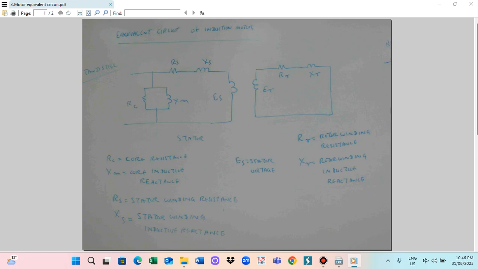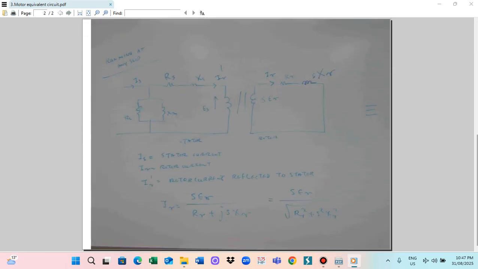So that we can also calculate for the current. So current flow in the motor, IR formula can calculate SER divided by RR plus jSXR. The resistance is the real term and inductive reactance is the imaginary j term. And also this one is similar to this equation.